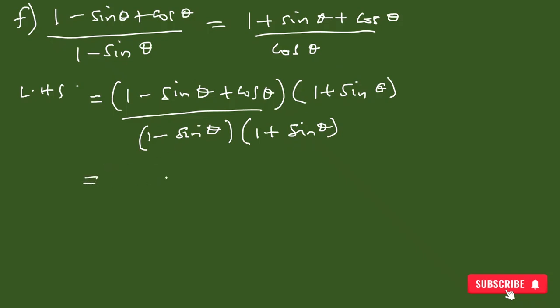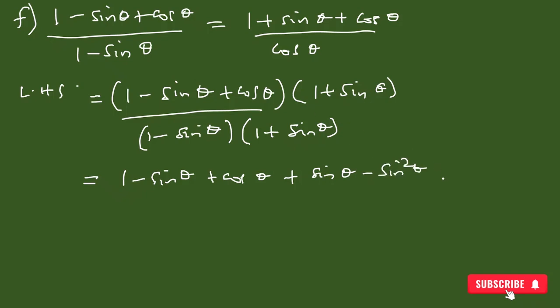So on expanding, I get a 1 minus sine theta plus cos theta. It's like I've multiplied 1 by all of this, and it gives me this. Now I'm multiplying this throughout. So plus sine times 1, it is sine theta. Sine times negative sine, it is minus sine squared theta.